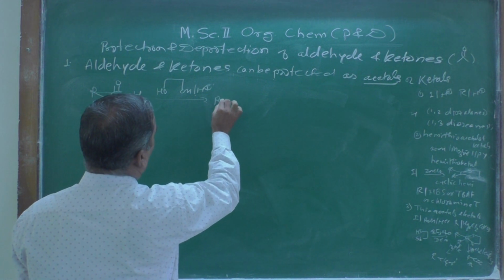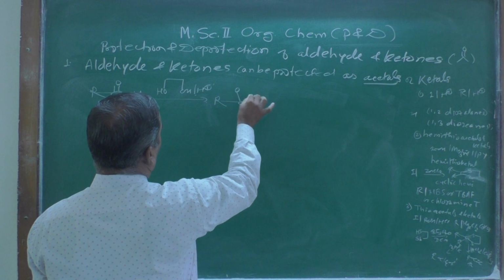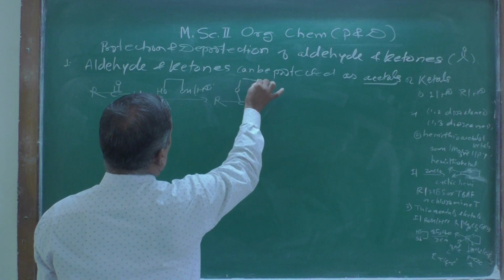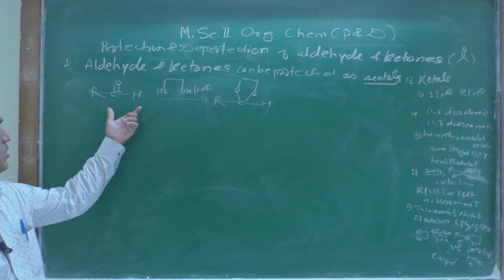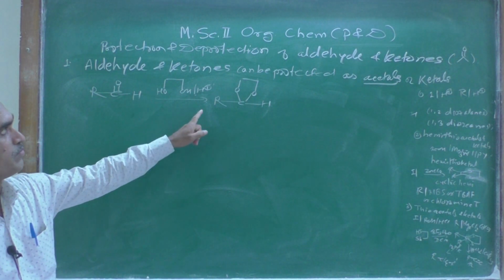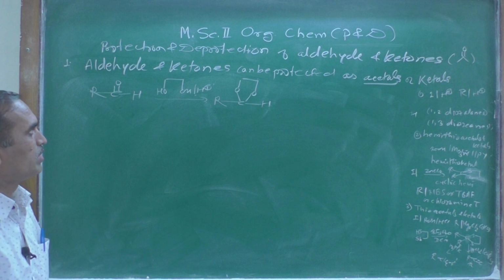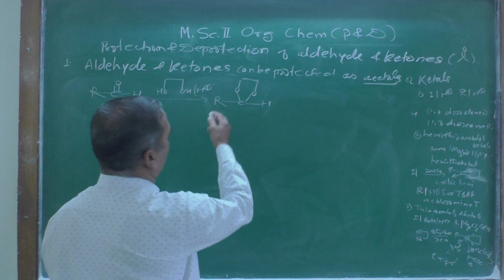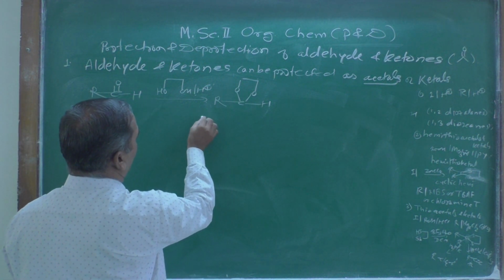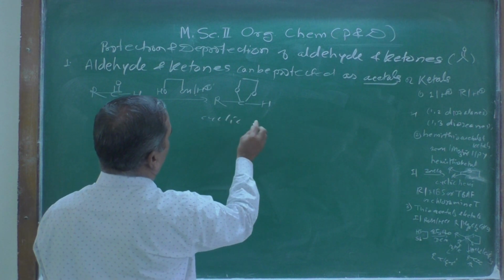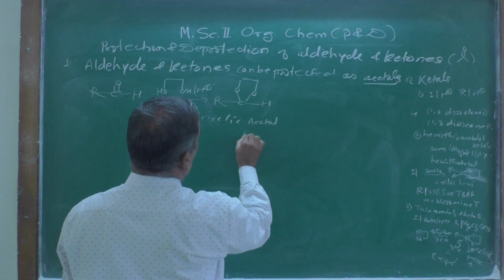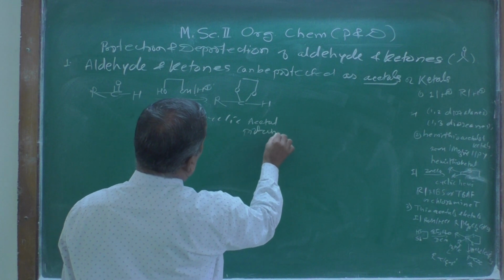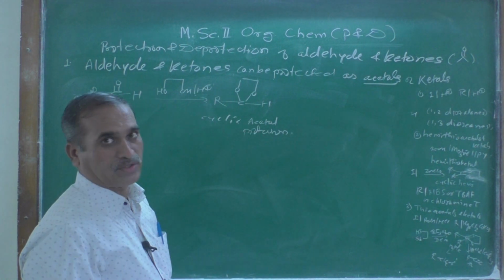And the resulting compound we are going to get here is a cyclic acetal. This is a protection of the carbonyl group by using 1,2-diol. We are getting the formation of a cyclic acetal protection, right? Cyclic acetal protection.